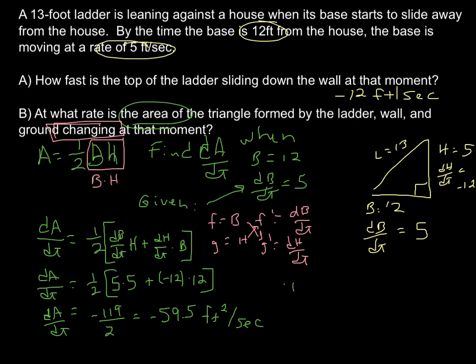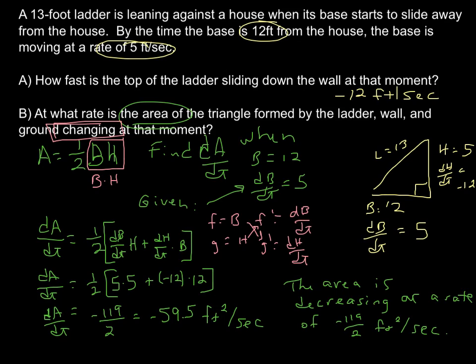So we would say the area is decreasing, and we say decreasing because our rate of change of area was negative, is decreasing at a rate of, and then you choose either one. I'm just going to do negative 119 over 2 feet squared per second. But of course you can use the 59.5. Oops, oh, look what I did.